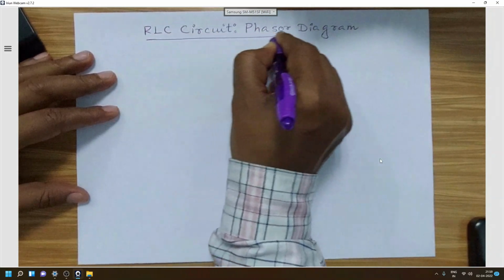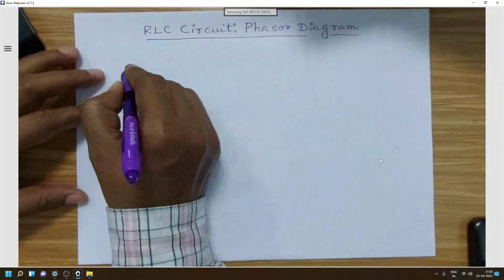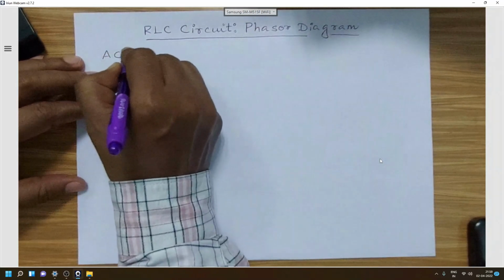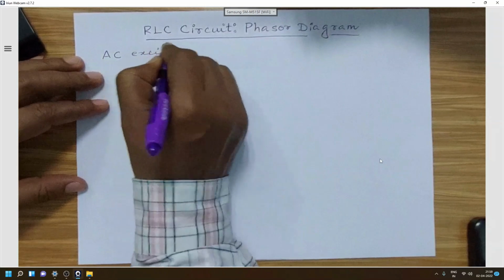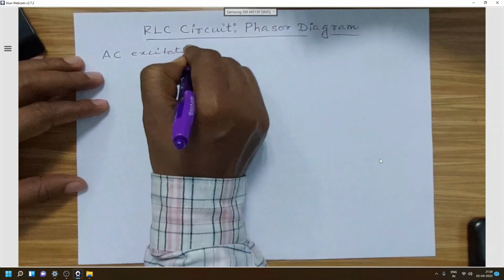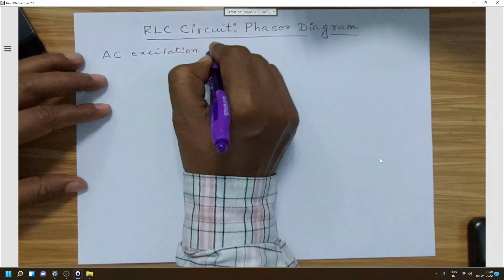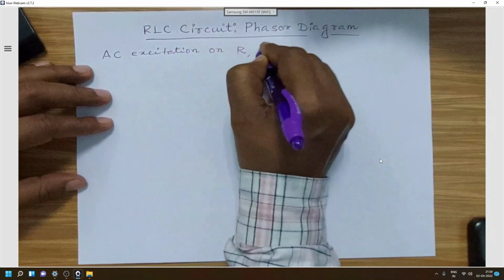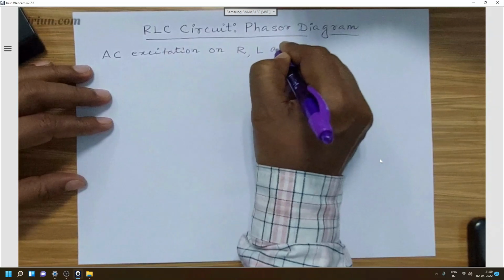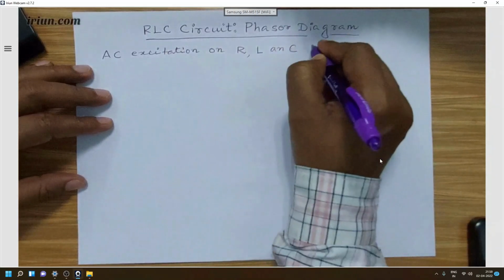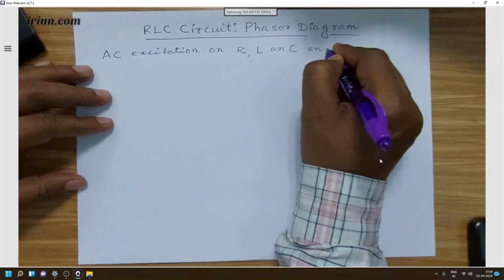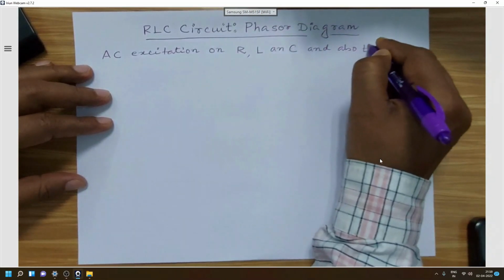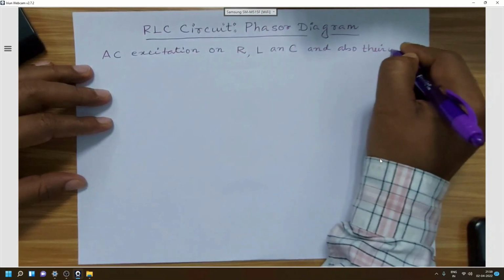So here we will discuss the AC excitation on R, L and C, and also their combination.